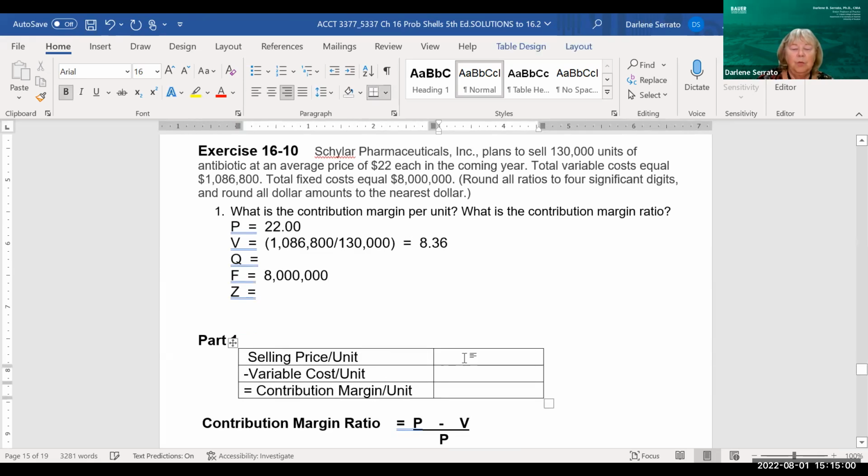So the contribution margin is going to be $22 minus $8.36, which will give us $13.64.